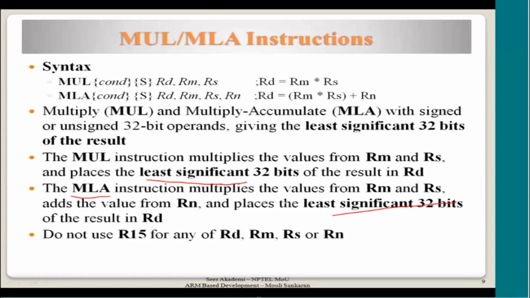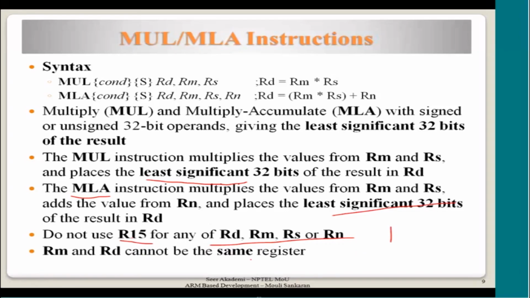Do not use R15 for any of them. There is no need for me to use R15, the code address, for doing some multiplication or addition, right? It doesn't make sense. So the processor doesn't allow you to use R15 as one of the operands.